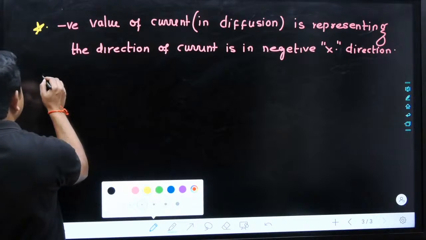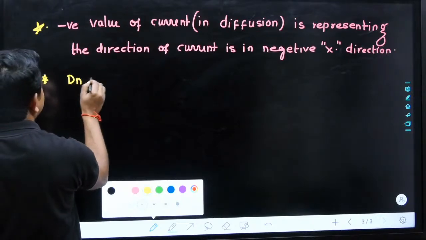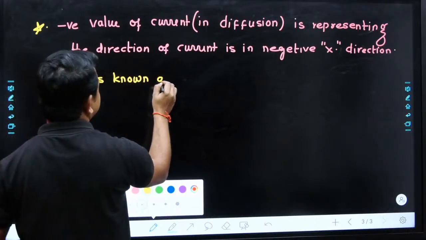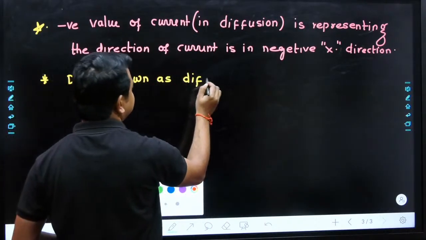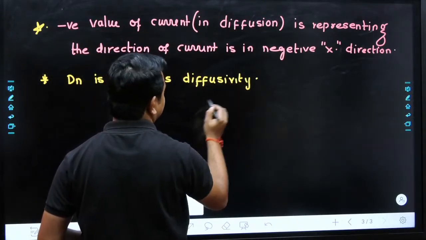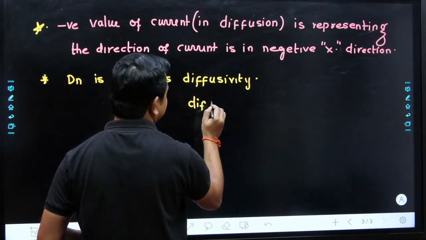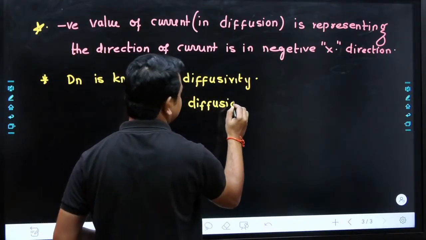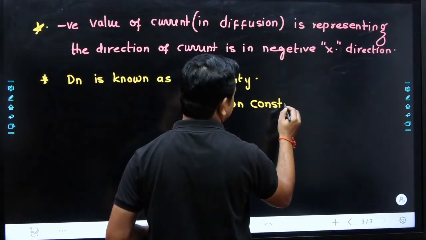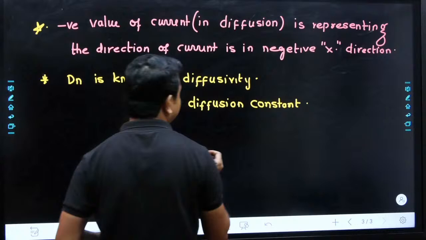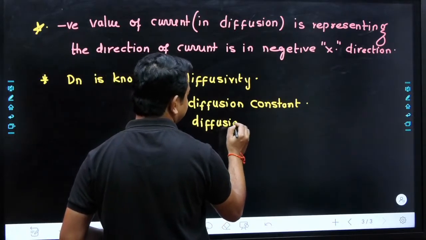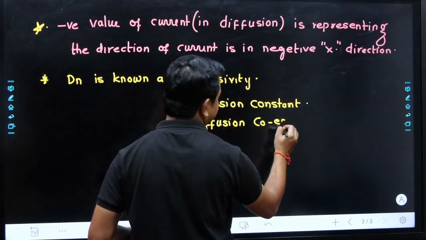So, I will write here: this Dn is known as diffusivity, or it is also called diffusion constant or diffusion coefficient.